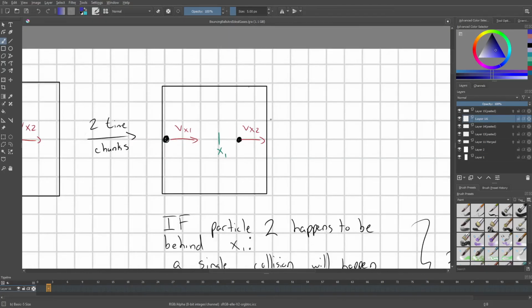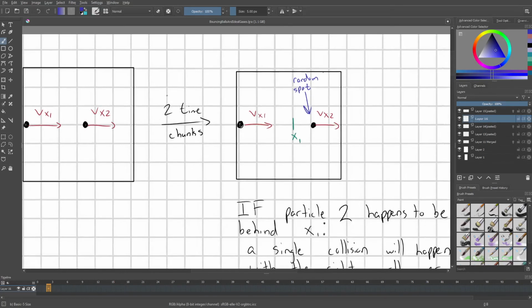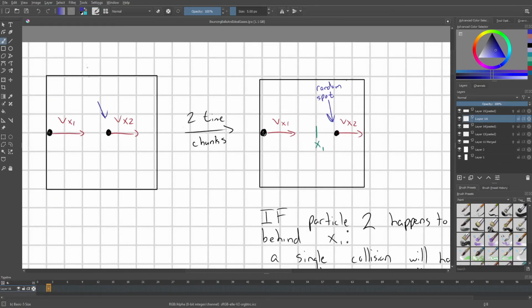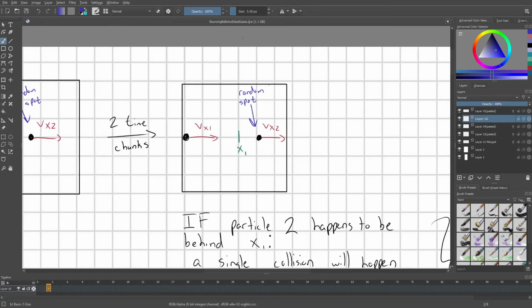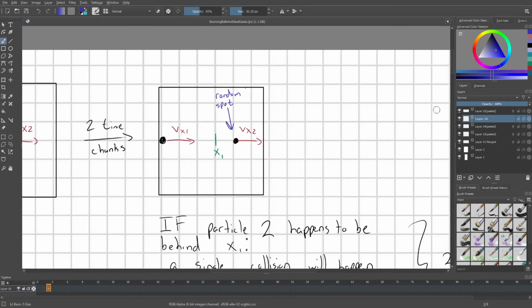So with that noted, let's go ahead and say that this guy is in a random spot. Right? And we could consider it starting in a random spot, and 2 time chunks later it ends in another random spot. However, I know that, let's say that it appeared on this side.